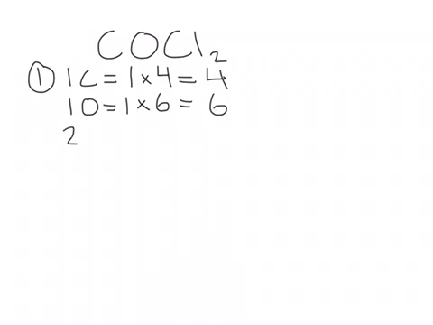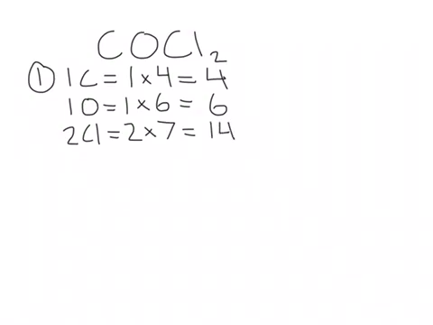And we have 2 moles of Cl. Now, we're going to multiply 2, since that's the number of moles we have, by 7, which is the amount of valence electrons in each chlorine, and that equals 14.